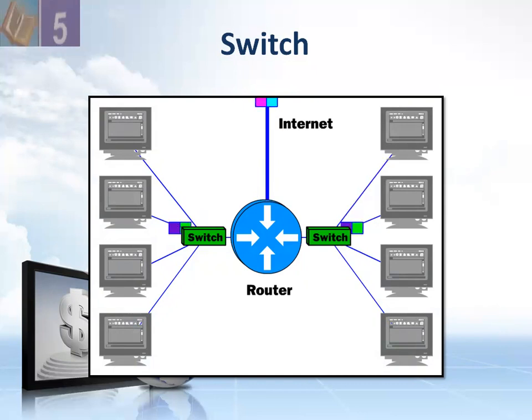So a switch inspects data packets as they are received, determines the source and destination device of each packet and forwards them. Basically, a packet, you can view here, these are the packets. A packet is complete information and a basic unit of communication over a computer network.